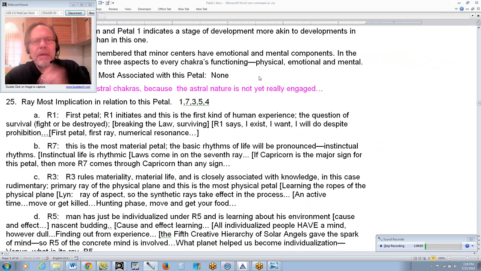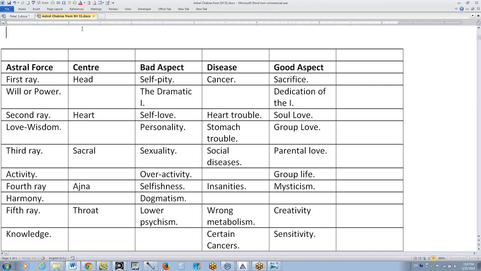Okay, we're about ready to begin on this systematic look at the rays most implicated with the petal. But first I want to show you this little collection of astral chakras. And when we can see these engaged, I don't know, but the first ray, astral force, head center, will or power.